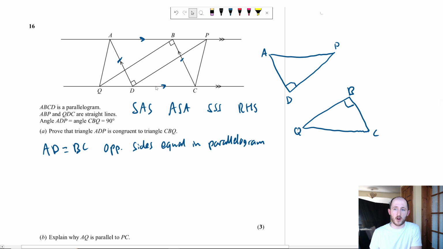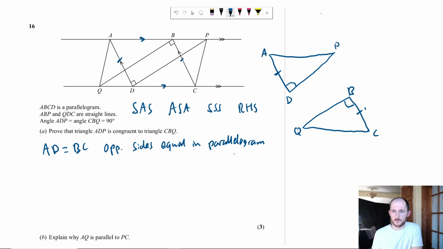You can use a right angle for the A bit, which is what I was planning on doing, because it's going to be hard to work out the hypotenuse, as we'd have to prove that AP is equal to QC, which we don't know yet. But we know that these two sides are equal so far.